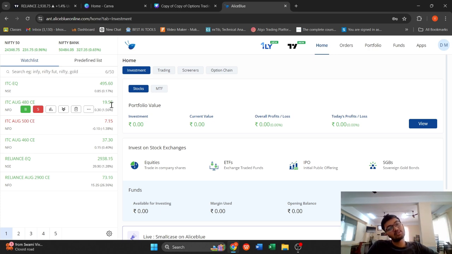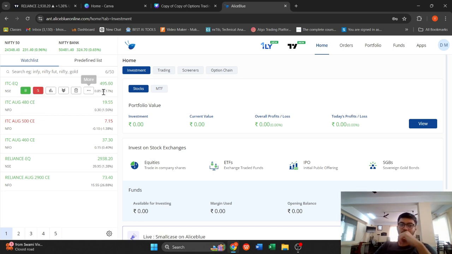In this case, you see, even if the price of ITC went up 9 rupees, the price of the 480 call option didn't go from 16 to 32. It actually went up just 3.55 rupees. So why is this the case?